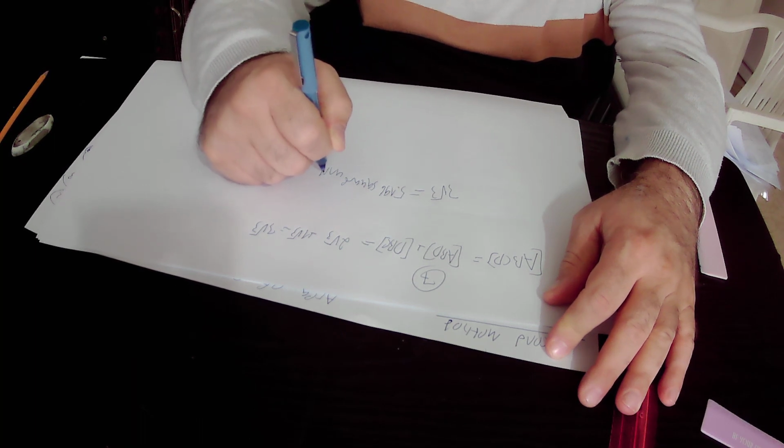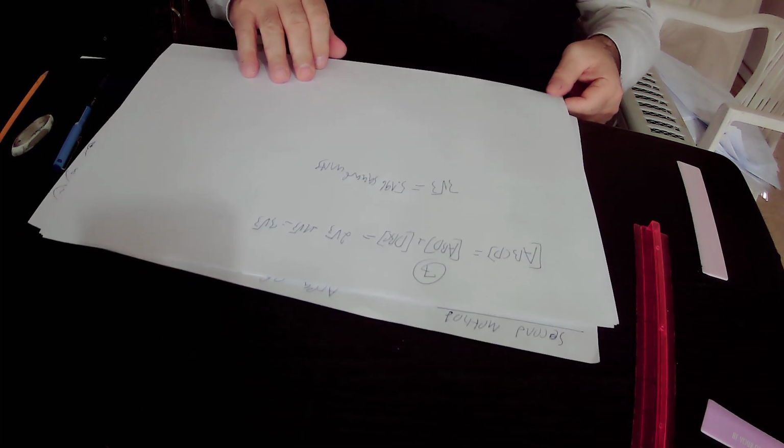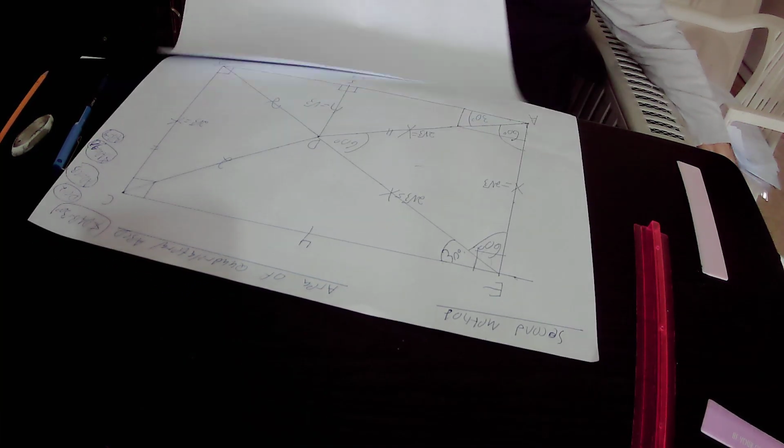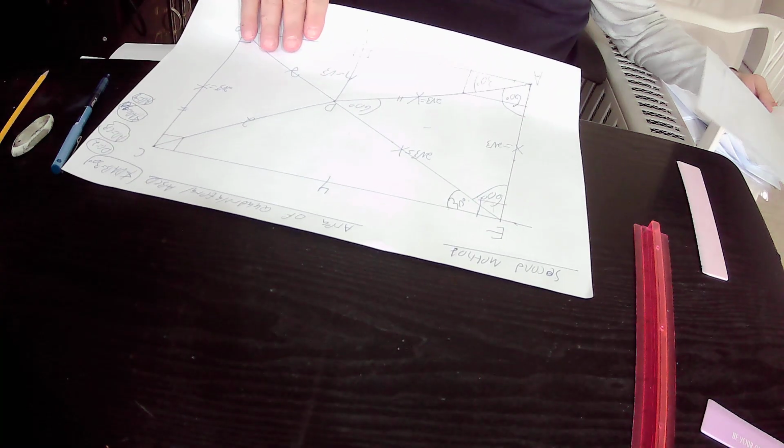Okay, so we finished with the second method. In the next step, I will summarize the lecture. So we actually found out the area of quadrilateral ABCD in 2 different methods.